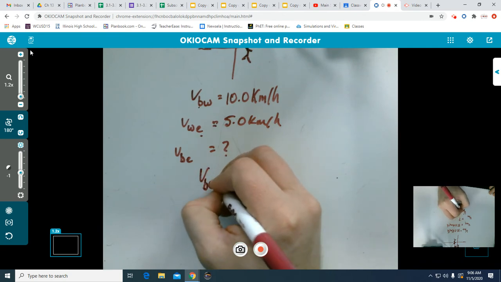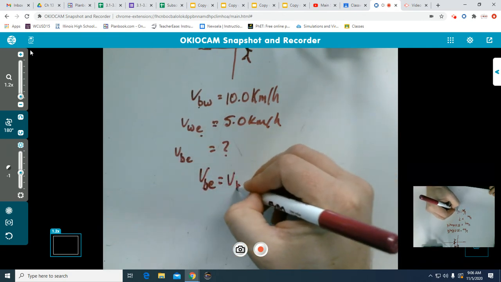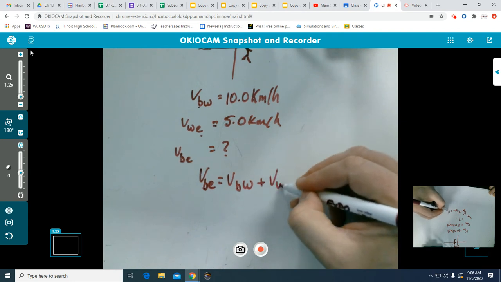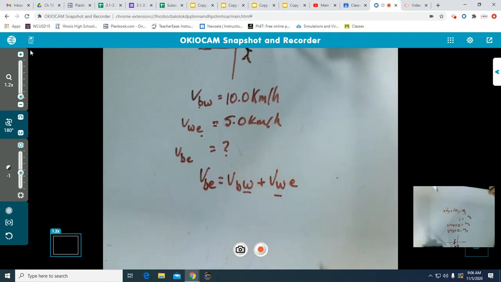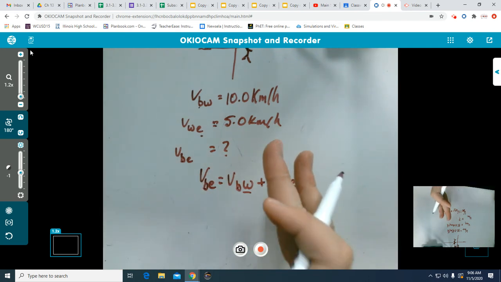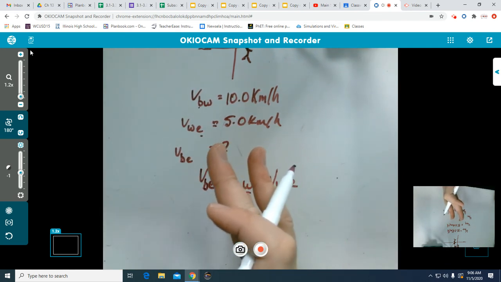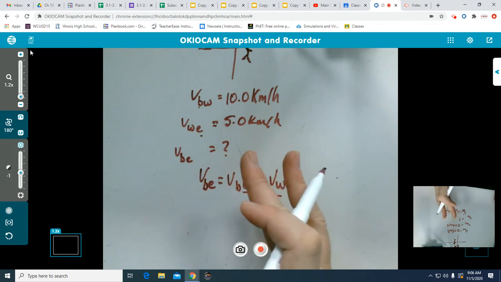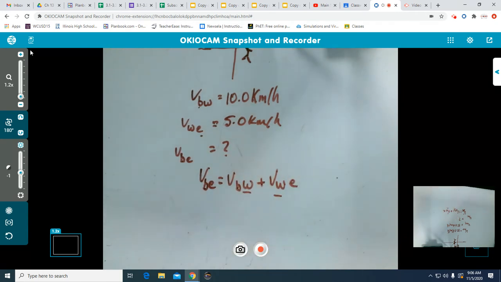So VBE is equal to VBW plus VWE. Again, we use the last or the preceding subscript as the first letter in our next subscript there.